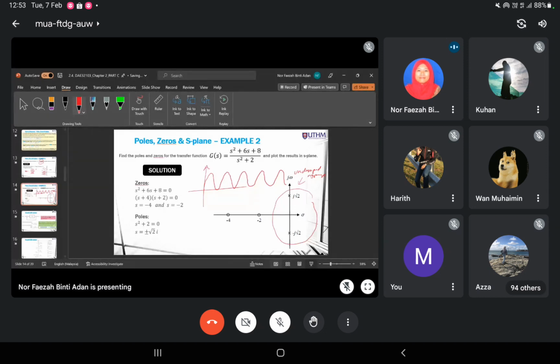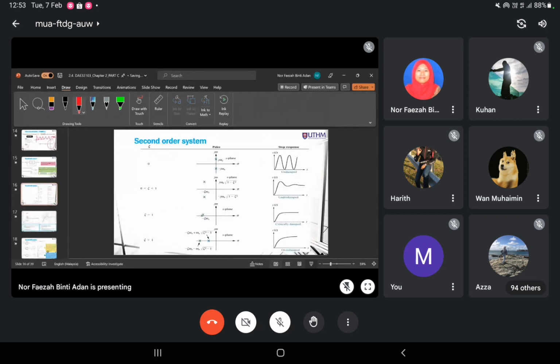Okay. Ni contohnya lah. Di mana position poles dan apa dia punya response yang you akan nampak. Contohnya, when you have two roots on the imaginary axis, you akan dapat undamped. Kalau the poles on the left hand side, and then it is in a complex number, conjugate on the negative side, you akan dapat underdamped.